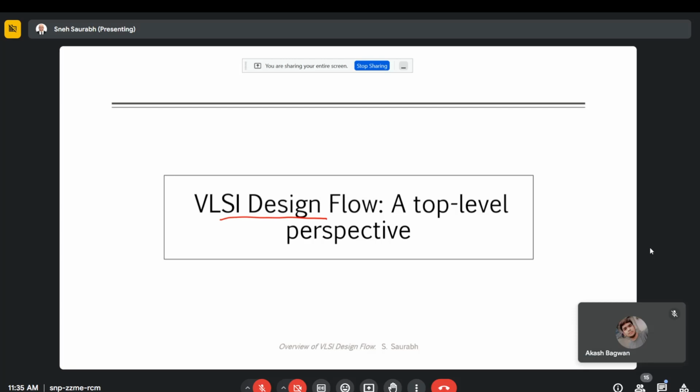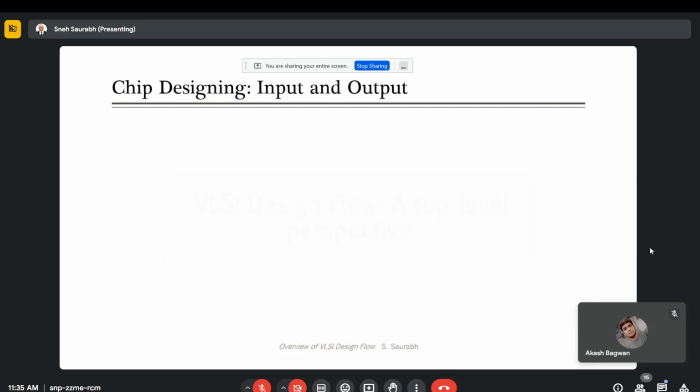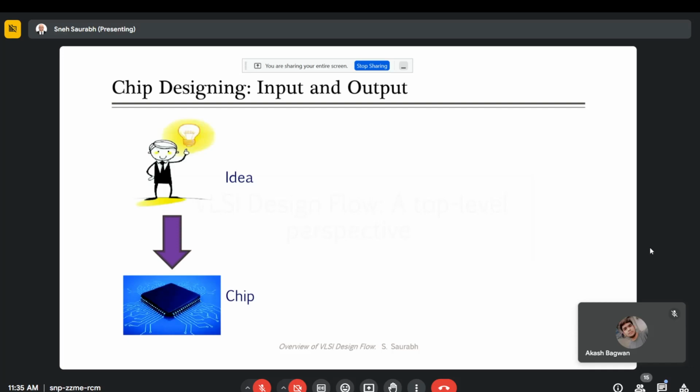Right. Okay. So now let me give a top level view of VLSI design flow. So what is VLSI design flow? VLSI design flow is basically a technique of realizing a chip, right? We have some initial idea that we want to make a chip which fulfills some desired functionality.